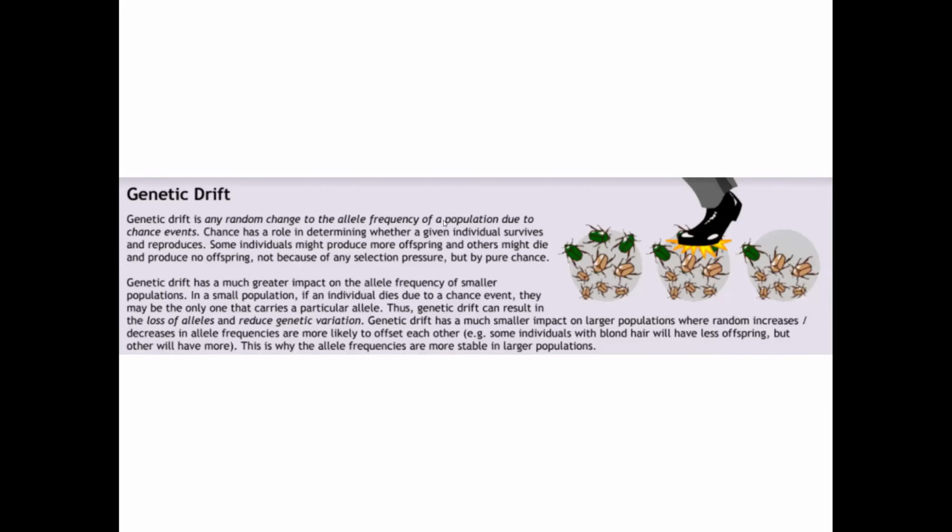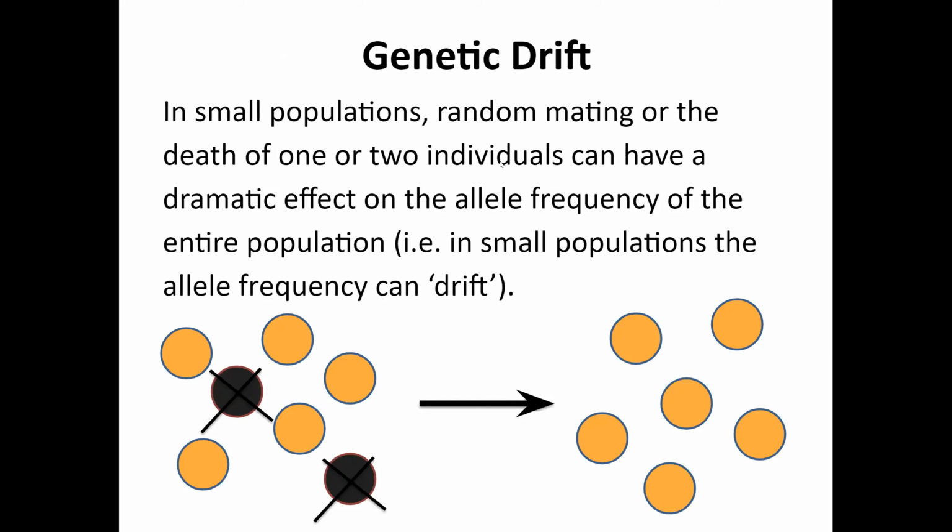Okay, we can pause the video and look at this information. So in a small population, random mating or the death of one or two individuals can have a big effect, as we said before.